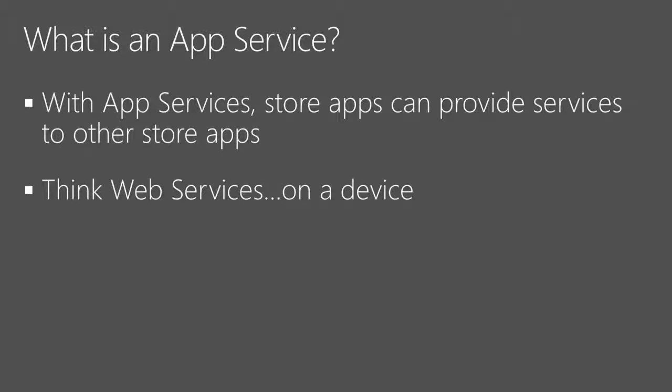Web services sit out there. They're effectively headless, and by headless, I mean they have no UI elements, nothing that gets displayed. Yet they deliver and encapsulate a lot of business logic and can handle data and do transactions and so on and so forth on our behalf. Wouldn't it be great to have something like that on our local system as well? Well, that's what the team thought too, and that's why they came up with app services.